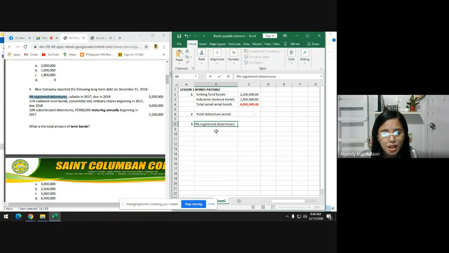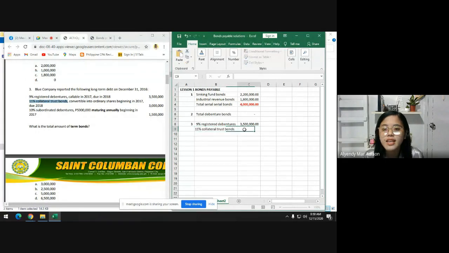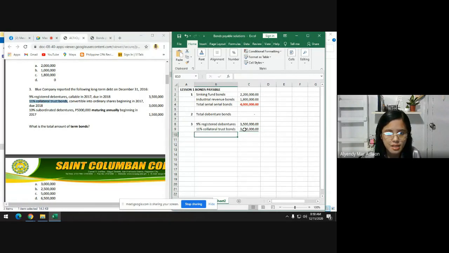Okay, that is part of the term bond. So we have 3,500,000. Next, 11% collateral trust bonds convertible into ordinary shares due 2018. Okay, one maturity date, single maturity date, that is a term bond and that is 3 million pesos. Ang third, wala na, that is a serial bond.